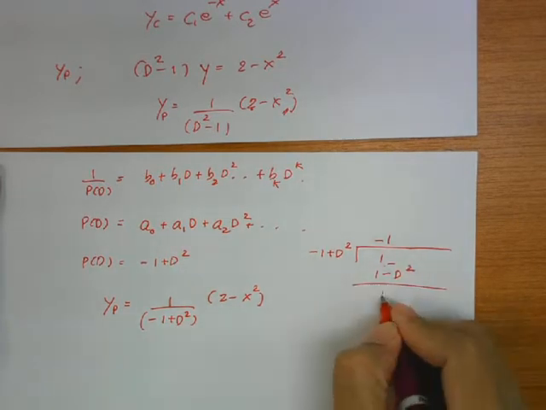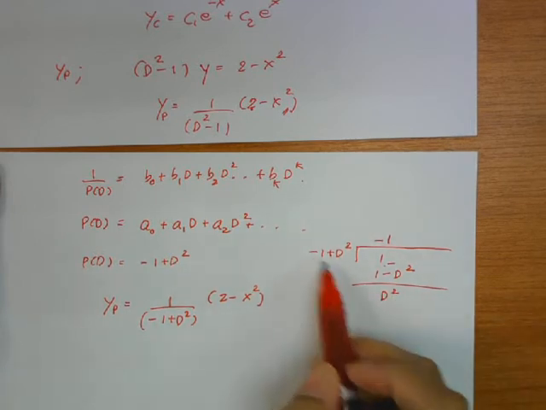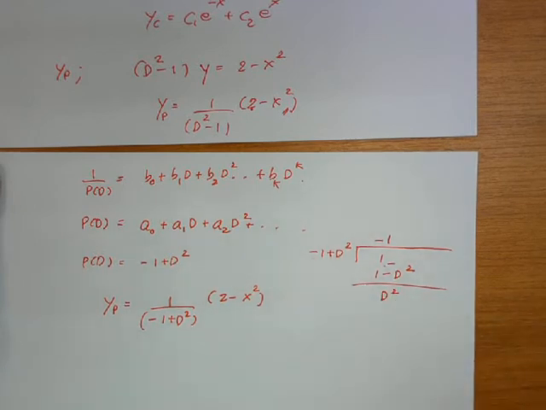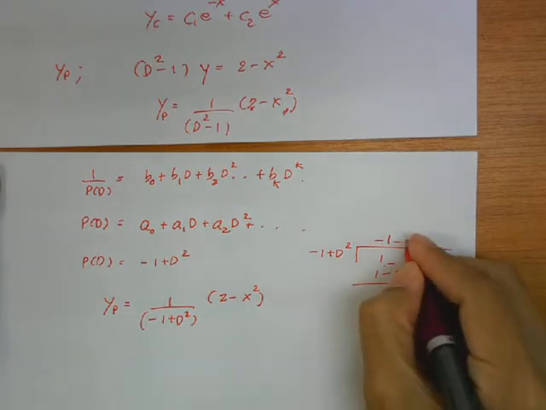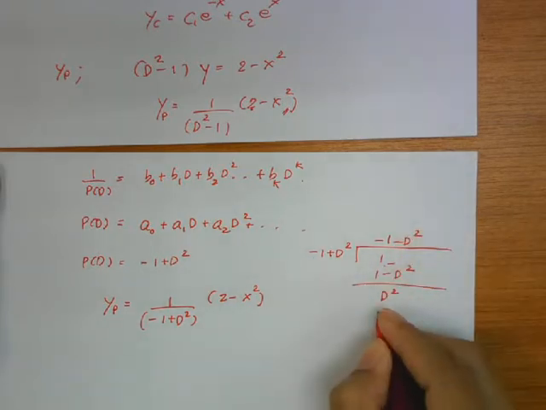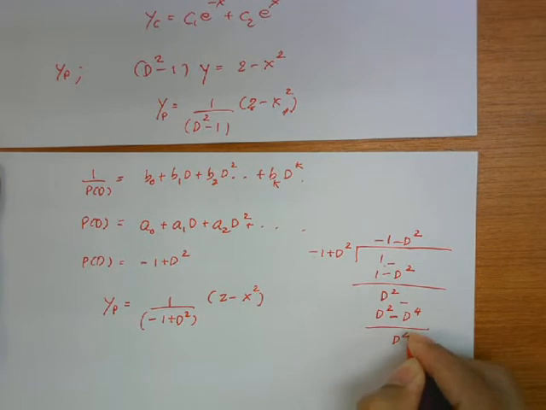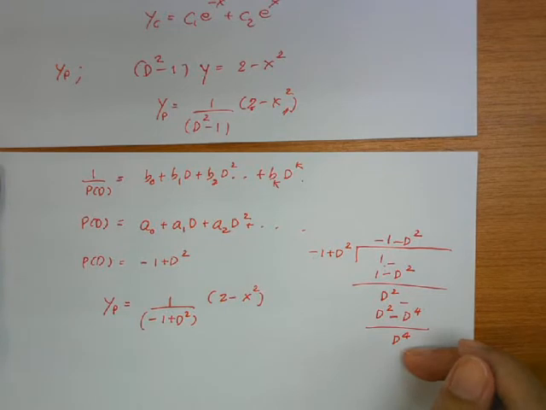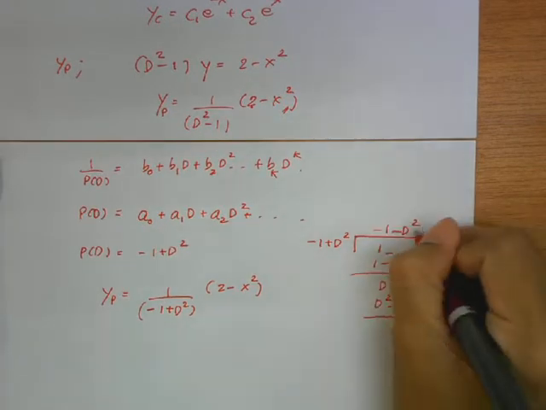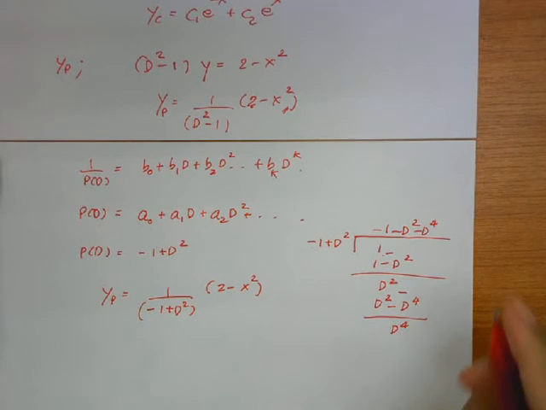You got D squared. What times minus 1 equals D squared? Minus D squared. What times minus 1 equals D to the power 4? Minus D to the power 4. And we can do more and more and more, but I said, no, I don't want to go this far.